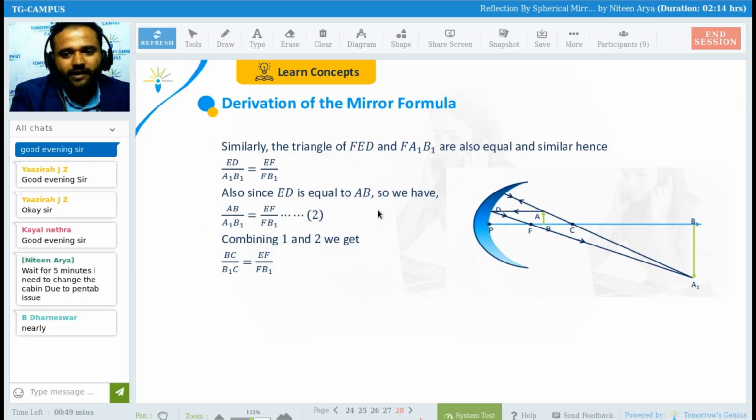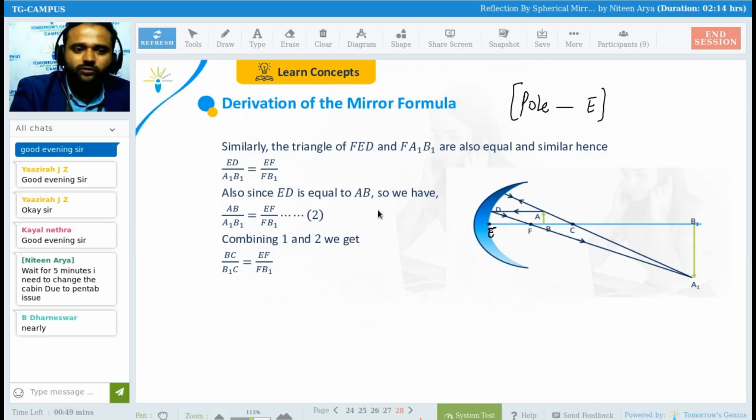Instead of making P, I can make this the pole. That is going to be more clear. Pole is E here. Is this clear now? Because that is easier to make, since I would otherwise be repeating again and again.